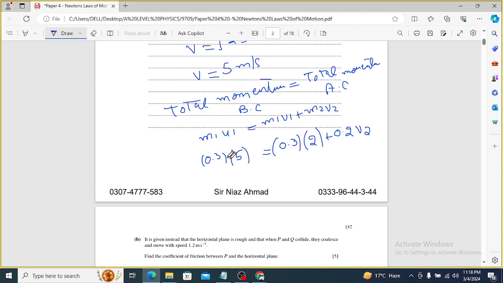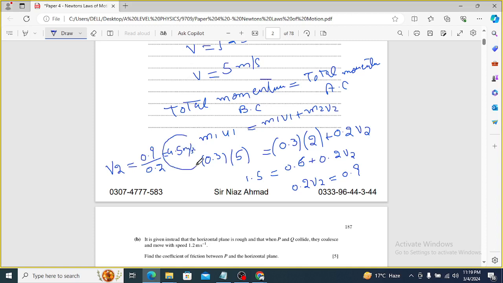So velocity v2 equals 0.9 divided by 0.2, that's 4.5 meters per second. This is the speed of Q after collision, 4.5 meters per second. It's not acceleration, it is the velocity.